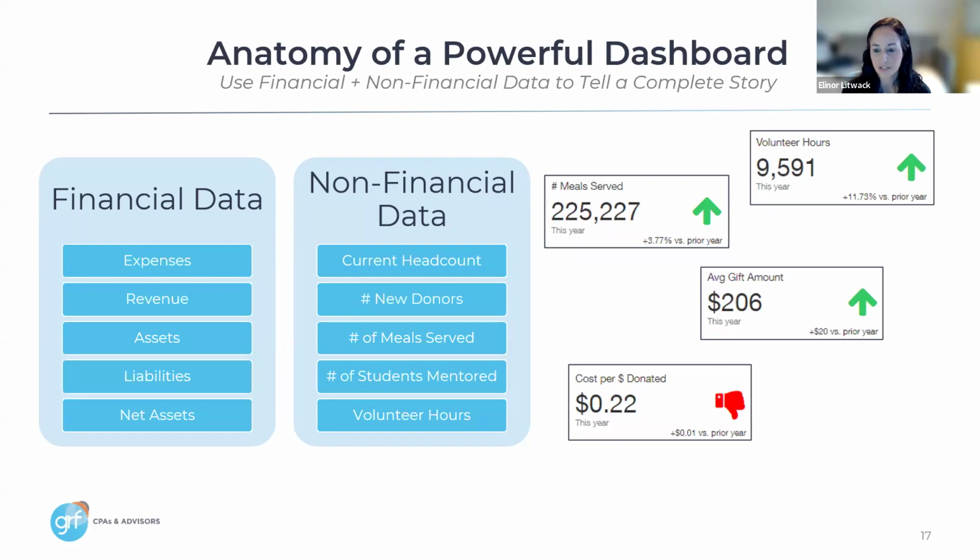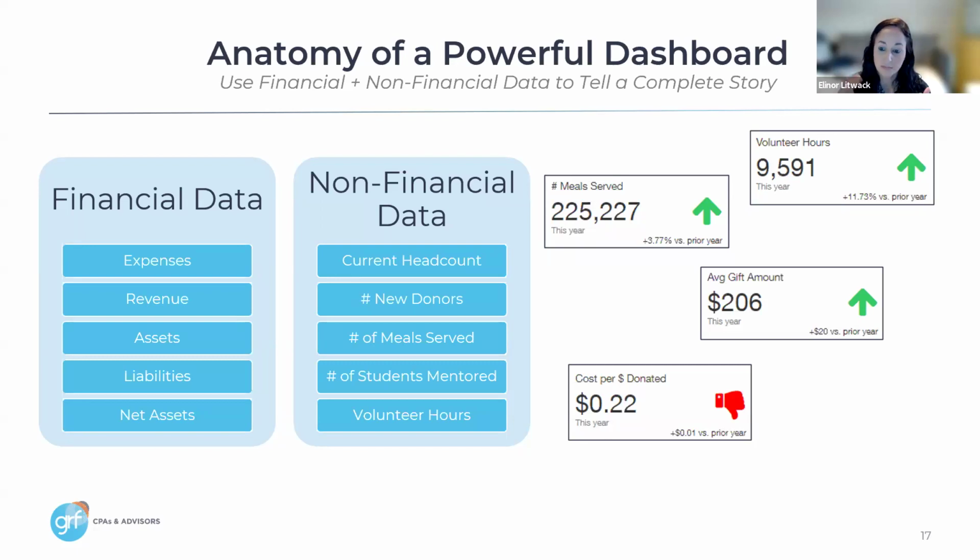But if you start thinking about how to tie in non-financial data with financial data, then you're getting to that gold standard that we're talking about. Say, for example, you have financial data on a dashboard that shows your salaries went up by 20%. Okay, why? Well, if you look at the non-financial data, the current headcount also went up.